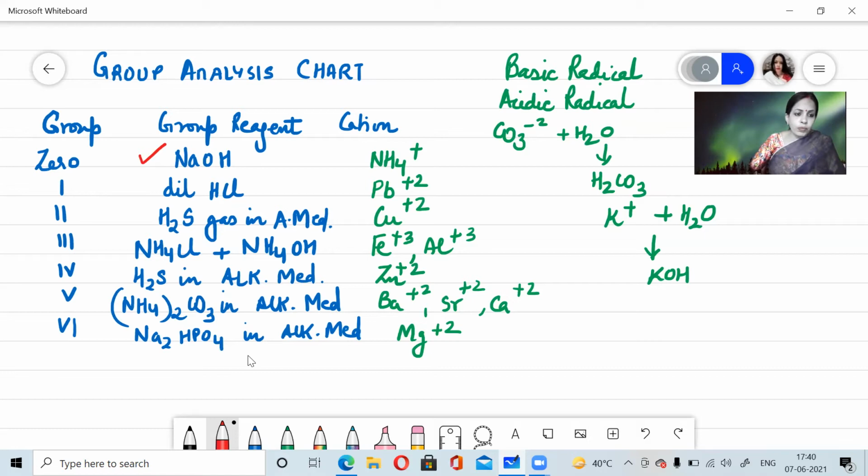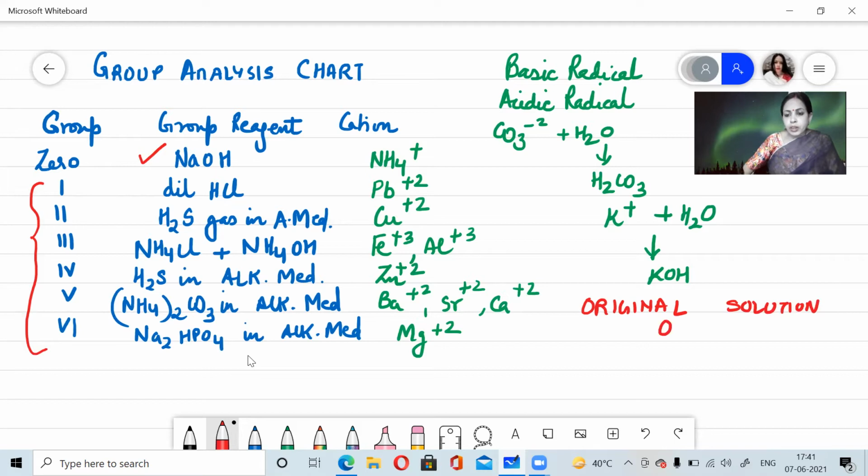Now, if I talk about group 1 to group 6, for this we prepare original solution. Now, this original solution, children, it is also known as OS. This OS is prepared by taking the salt, and before we start the practical, we try to test the solubility of the given salt in the various solutions.